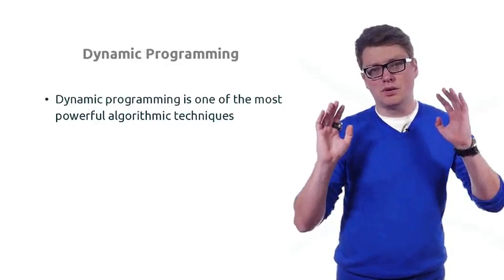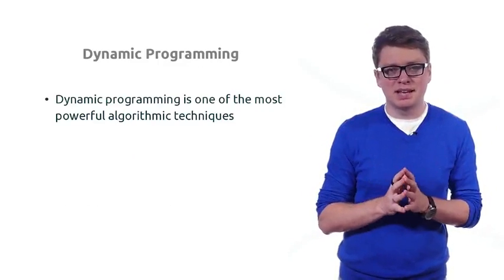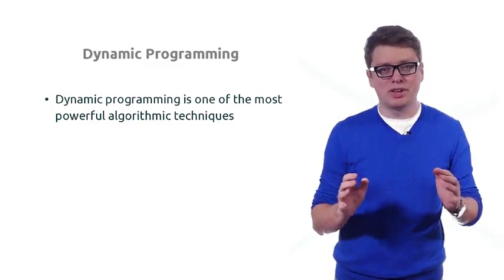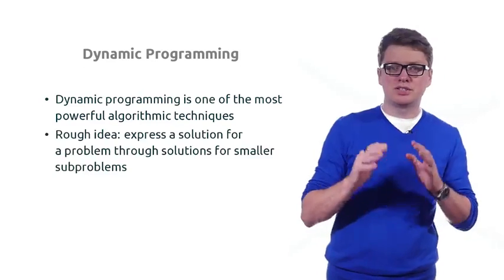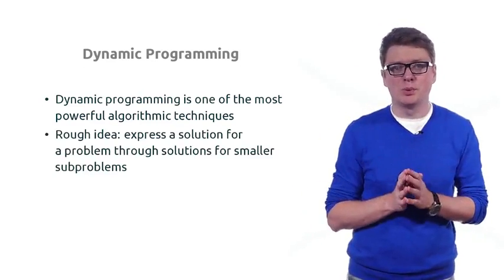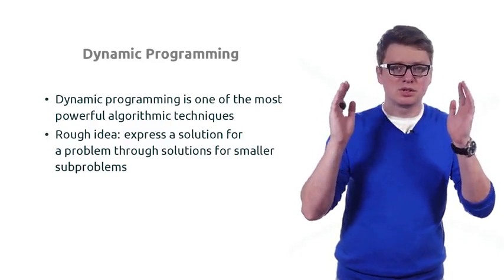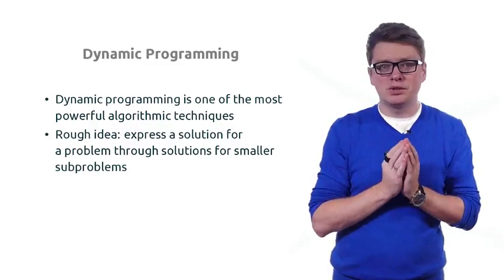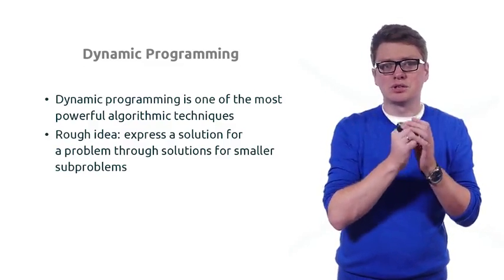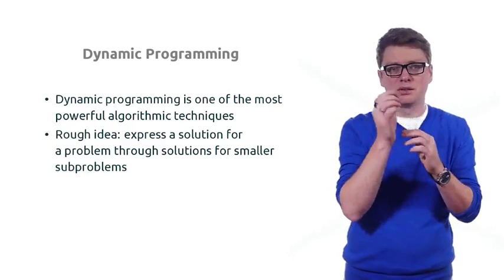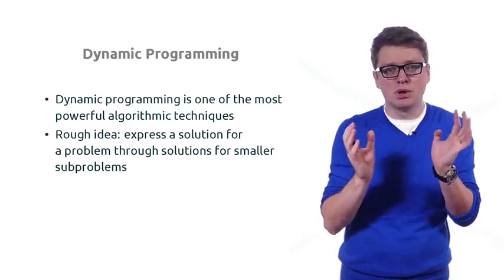First of all, dynamic programming itself is probably the most powerful algorithmic paradigm. Usually the rough idea of this method is the following. Given some instance of a problem, instead of solving this problem directly, try to break it into small subproblems. Probably not independent pieces, but some collection of smaller problems.